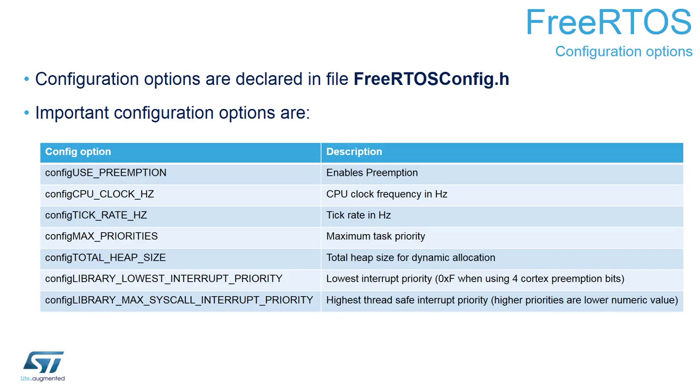The last two components are related to the interrupt priorities, to configure the system in such a way that the operating system will not negatively interact with the hardware, with the other parts of the embedded system. So the first component, configLIBRARY_LOWEST_INTERRUPT_PRIORITY, is in fact the lowest interrupt priority which is available in our system.